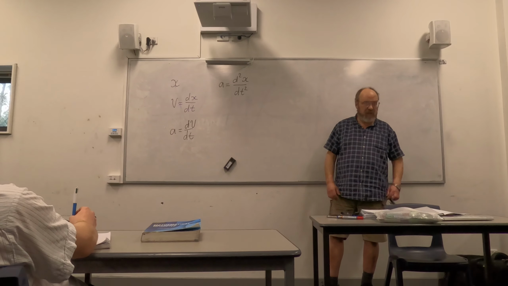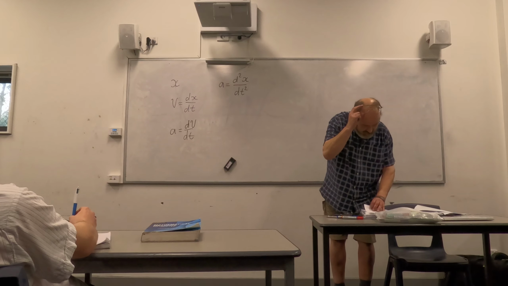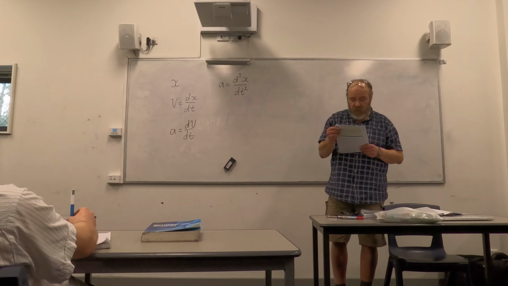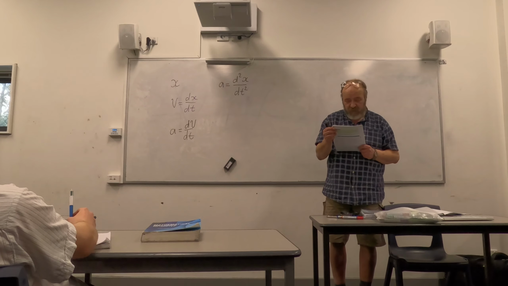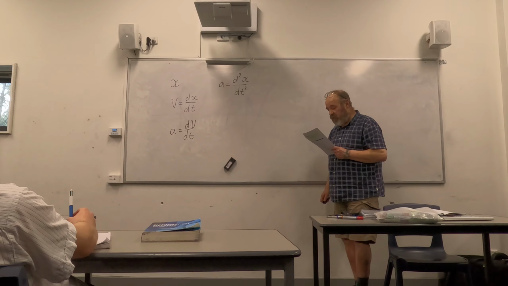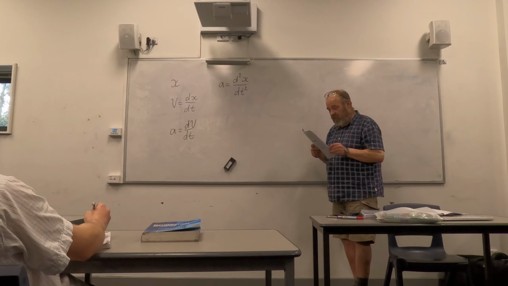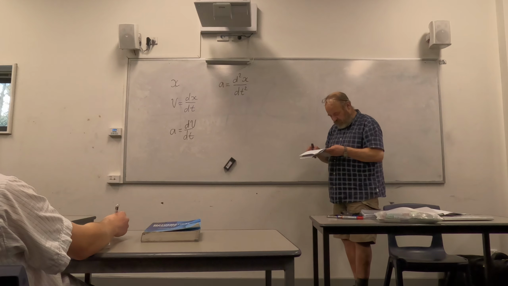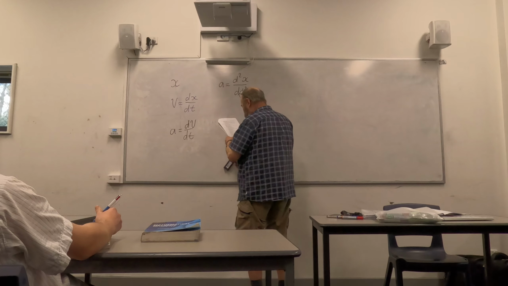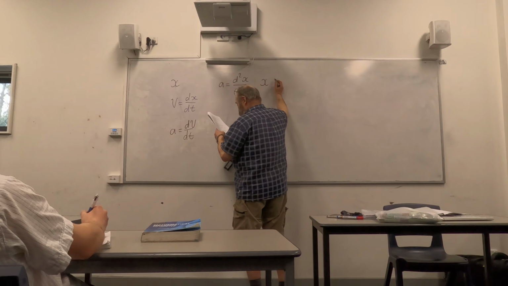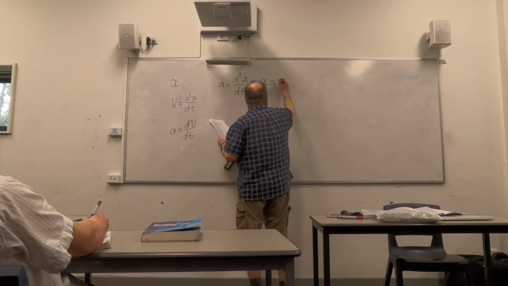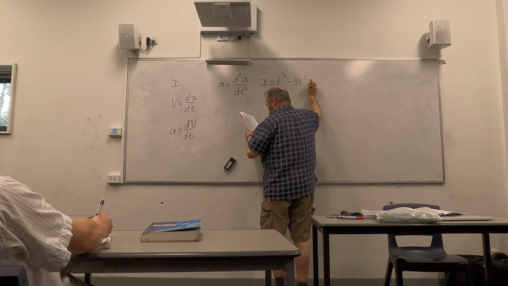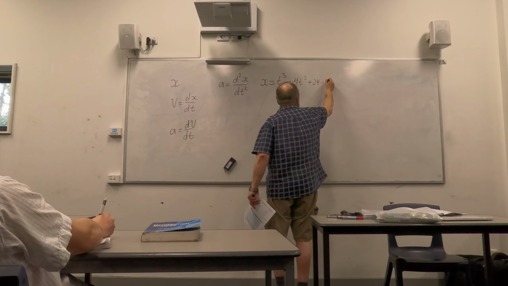Now, let's consider some examples. Let's say we have a particle moving in a straight line, and its position x changes over time as t cubed minus 11t squared plus 24t minus 3.